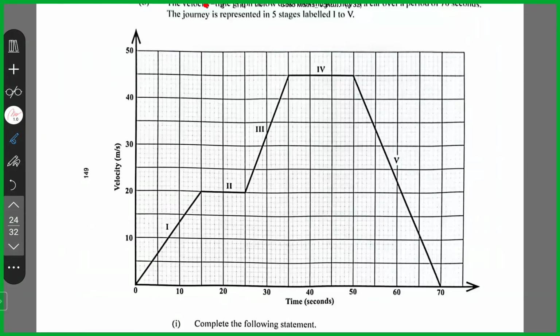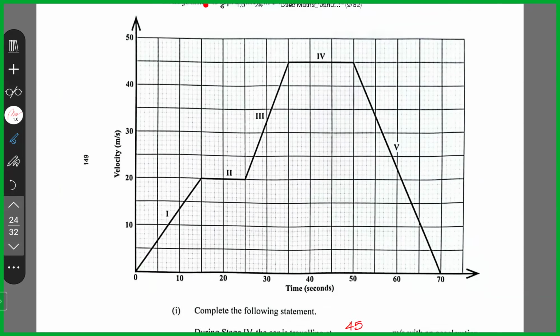In stage 4, you have a horizontal line. The gradient of a horizontal line is 0, meaning that the car is moving at a constant velocity. Acceleration is change in velocity over time. Since the velocity is constant, the acceleration is 0.